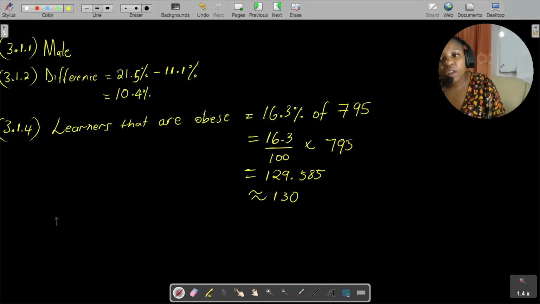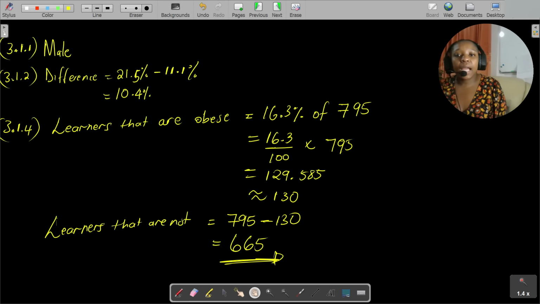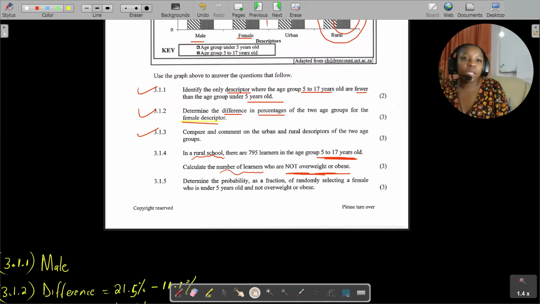So what does this mean? For us to get the learners that are not obese, what do we need to do? We're just going to take that 795 minus the 130 learners that are obese. What do we get? We get that the learners that are not overweight or obese, it's just 665 learners. So that's basically how we need to go about approaching this one.